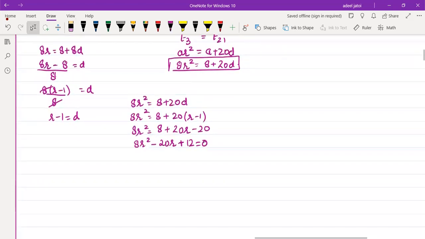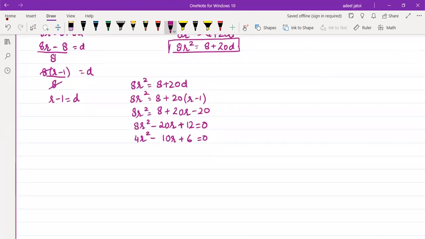So what we can do is simplify this: 4R square minus 10R plus 6 is equal to 0. Similarly, this can also reduce to 2R square minus 5R plus 3. So 2 threes are 6: 2R square minus 6R plus R plus 3 is equal to 0.